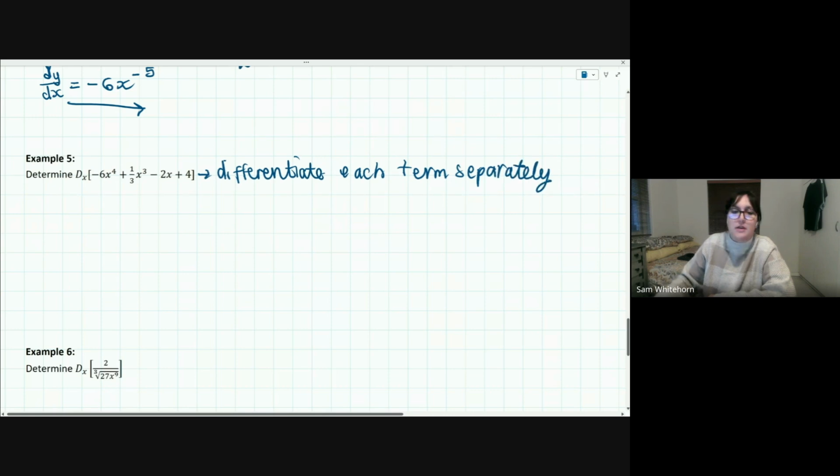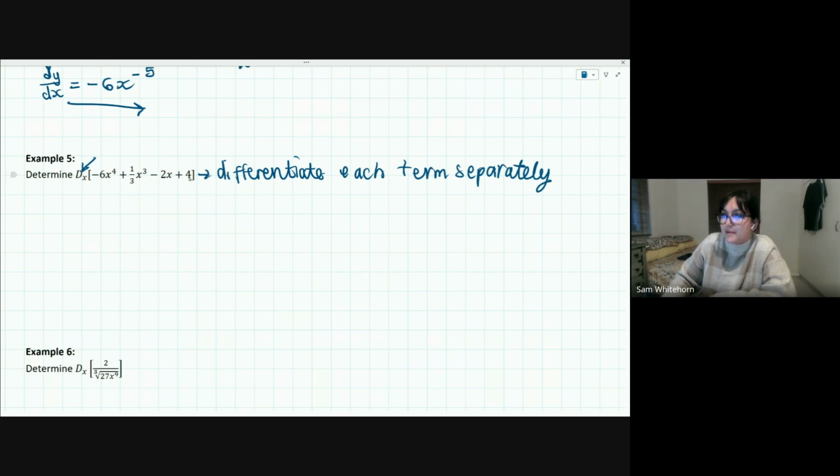Remember, this is a notation that says determine the derivative in terms of x. The second you start using your rules to find the derivative, you just drop that dx in the square brackets. So first I want to check, is my format fine?